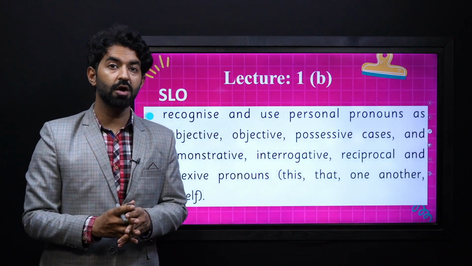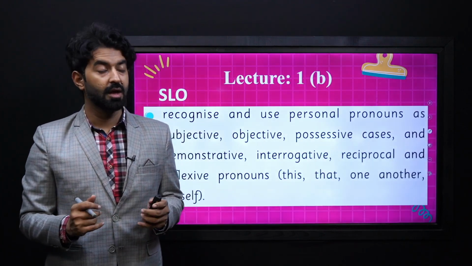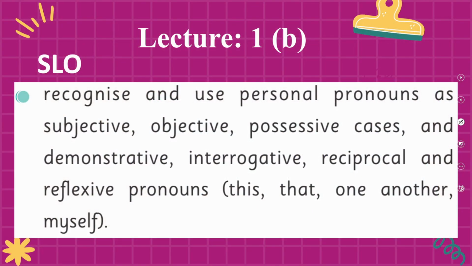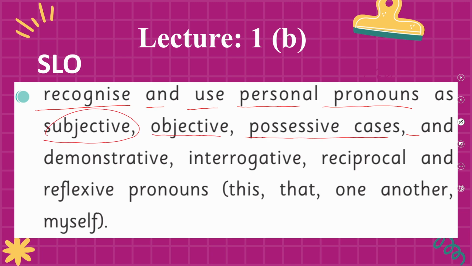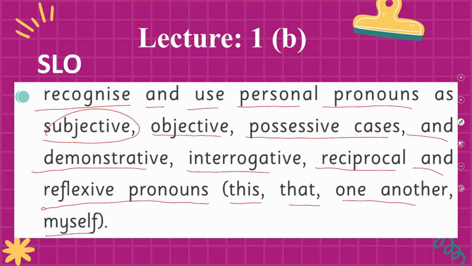Now, moving on to our lecture number 1B, the SLO is the same. Let's read it again. Recognize and use personal pronouns as subjective, objective, possessive cases, and demonstrative, interrogative, reciprocal, and reflexive pronouns like this, that, one another, and myself.